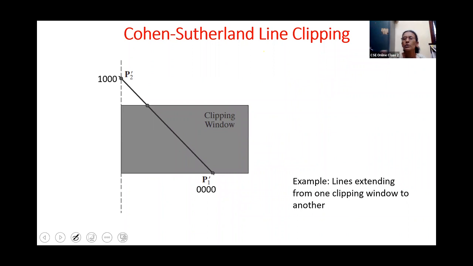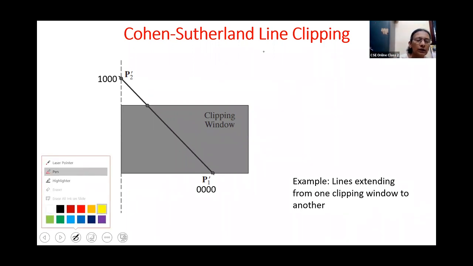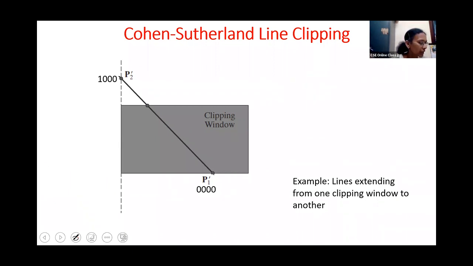We have checked the left, right, and bottom boundaries. Now we have to consider the top boundary. The code for the top boundary is bit 4, and that is 0 for P1 dash, whereas for P2 dash it is 1.